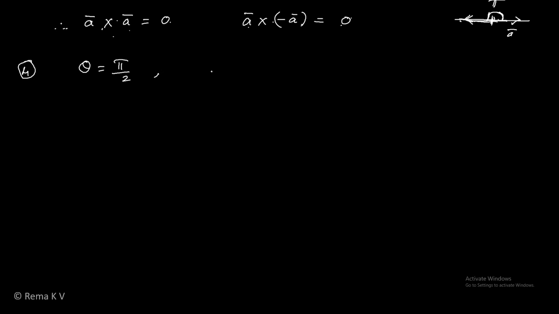When theta is equal to pi by 2, we can write A cross B is equal to modulus of A into modulus of B.